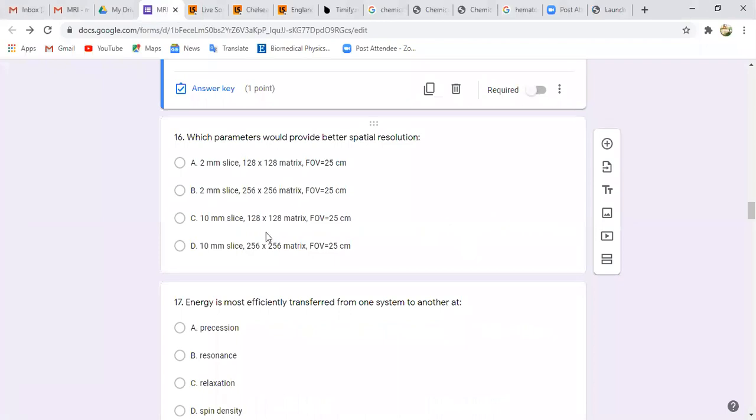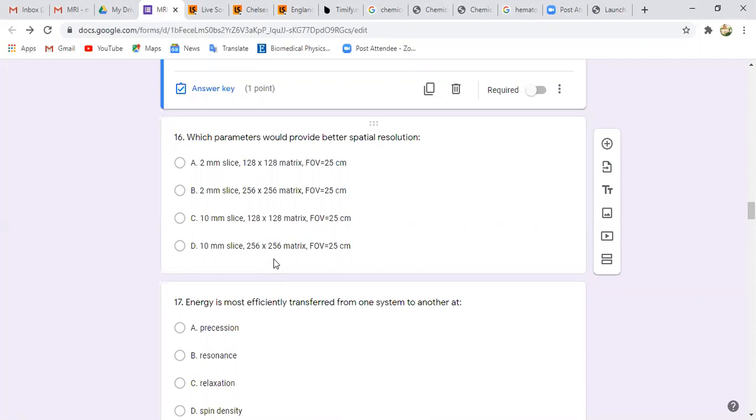So this parameter will give us the best slice thickness, B, because it has A and B. So we are not choosing between A and B, because of course this 10 millimeter slice is... if you look at the matrix size, we have 256 by 256 and 128 by 128.